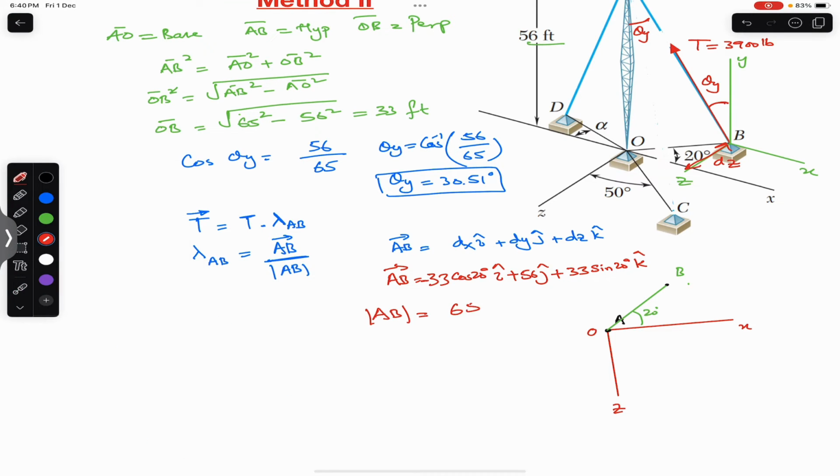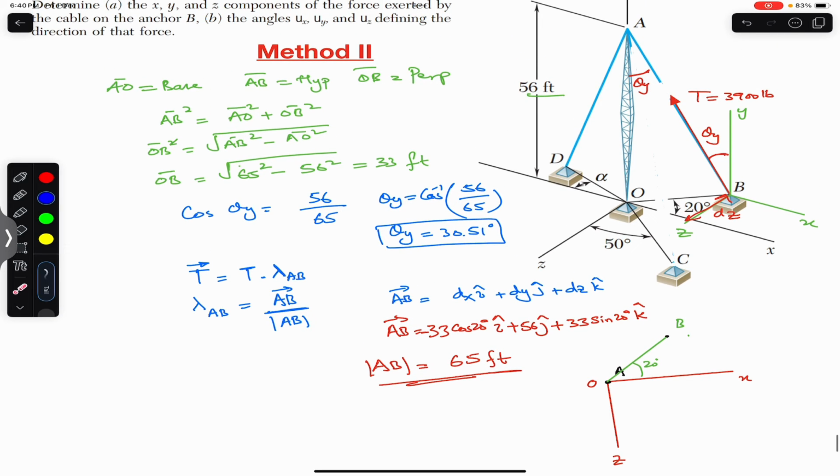Now this is the position vector. This i component tells us that point A is at a distance of 33 cos of 20 along the x-axis in the negative direction. So this means that this cable is pointing towards the negative x direction, or we can say that point A is away from point B along the x, but in the negative direction.